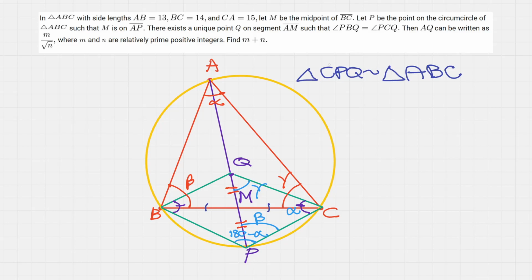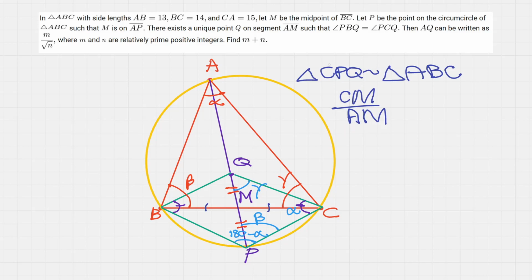Now, because CM is a median in triangle CPQ and AM is a median in triangle ABC, the same corresponding medians will preserve the same ratio of similarity in their lengths as the ratio of similarity between the two triangles. So let me just quickly write that down to make it clear. So CM divided by AM actually is the ratio of similarity between those two triangles, which should be pretty clear.